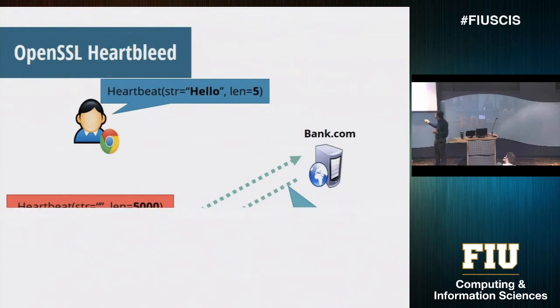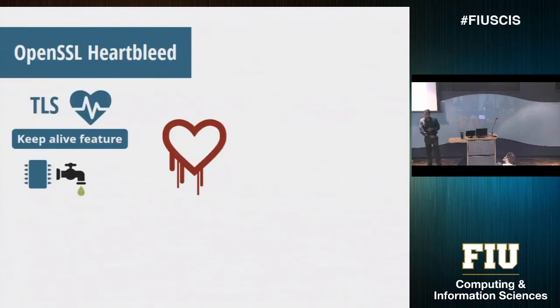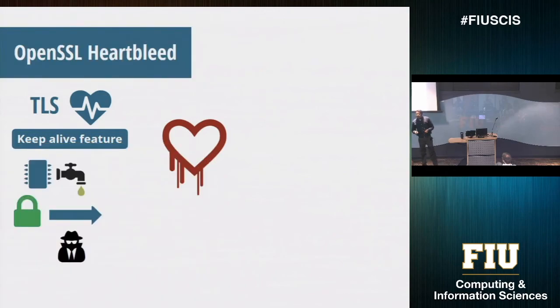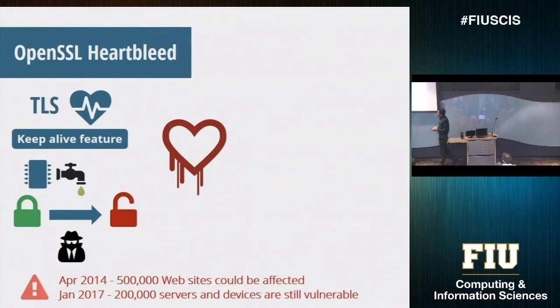So this bug shows that it can leak information from the victim's memory, which can be exploited by an attacker to break the confidentiality of the protocol, right? When it was discovered, it was found that more than 1 million websites were affected by this vulnerability.